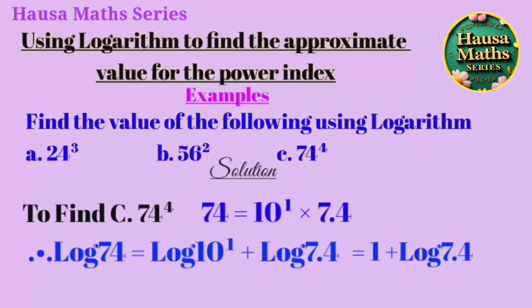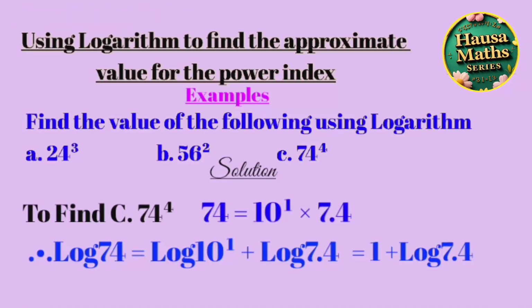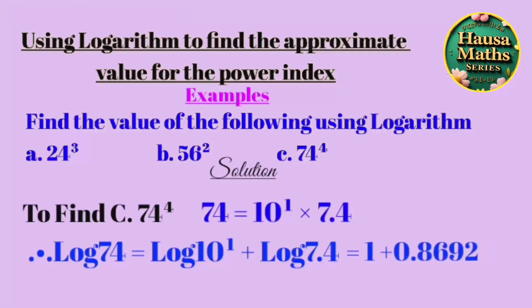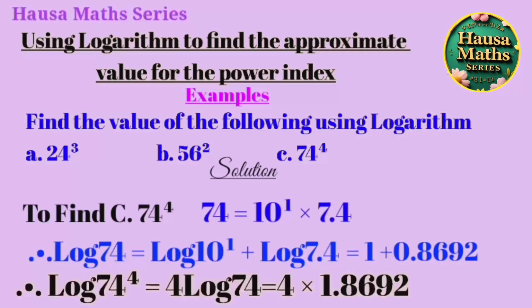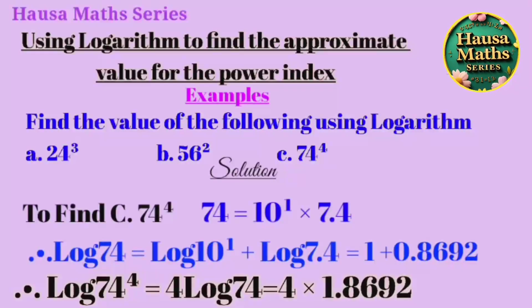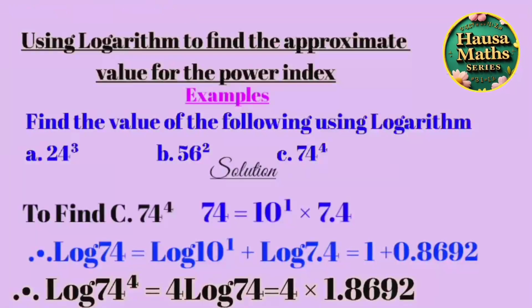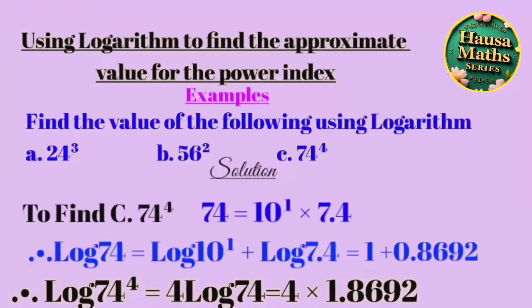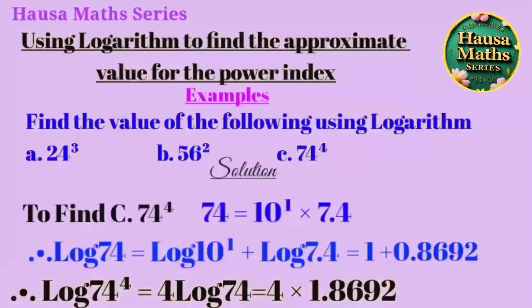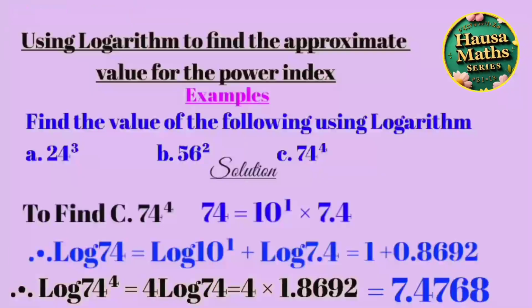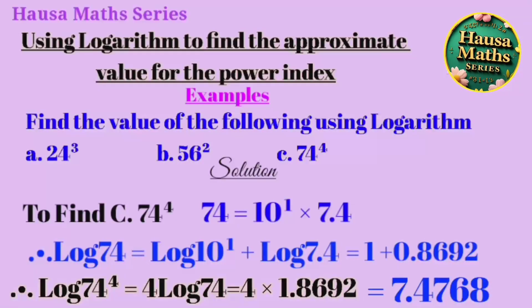If you add it, it will be 1 plus 0.8692, which is 1.8692. Then 4 multiplied by 1.8692 gives log 74 raised to power 4 equal to 7.4768.